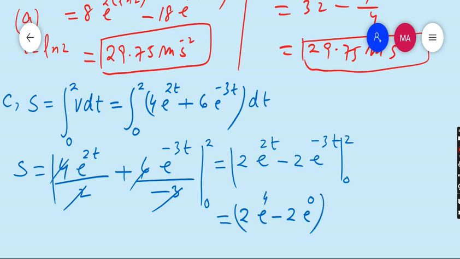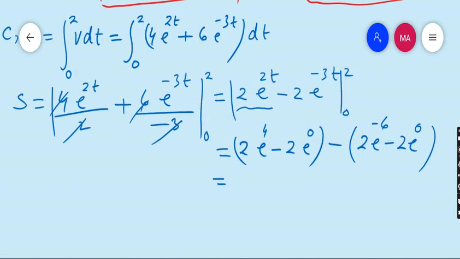This is the limit of 2e^(2t) minus 2e^(-3t): 2e^4 minus 2e^(-6) minus 2e^0 plus 2e^0 is 2.